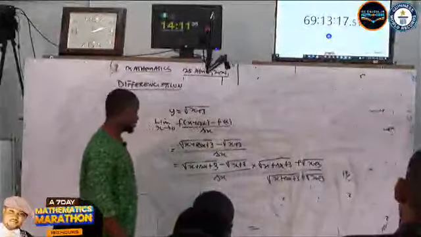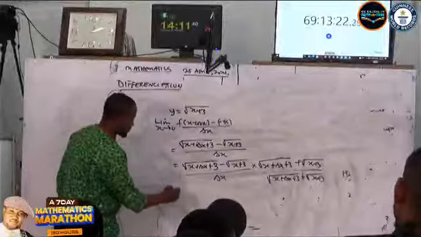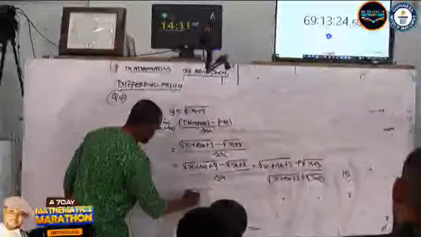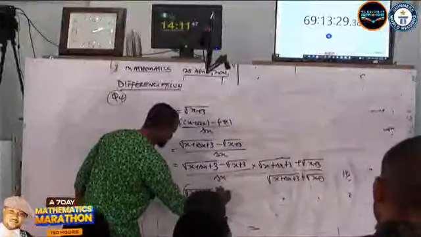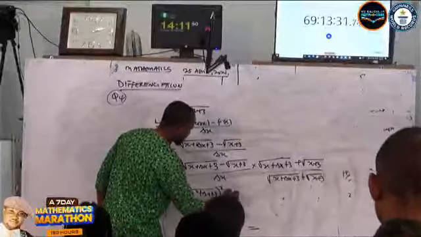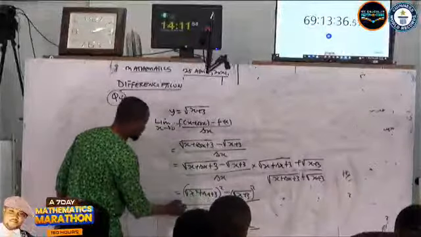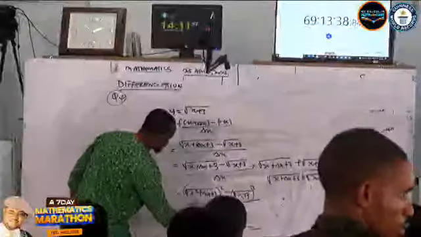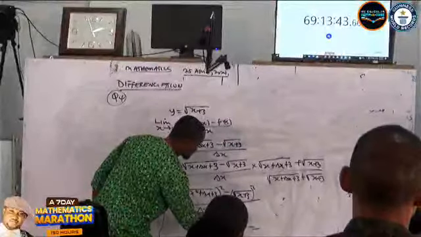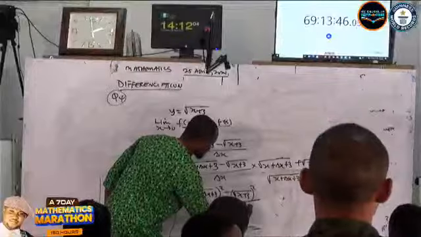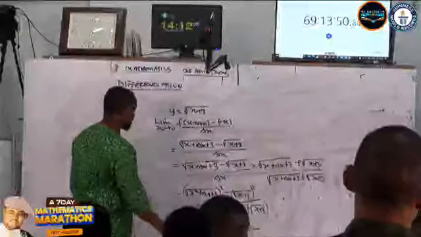Is that clear? So that will be a difference of two squares. So that will equal the root of x plus change in x plus 3 all squared minus the root of x plus 3 all squared, divided by change in x times the root of x plus change in x plus 3 plus the root of x plus 3. So let's cancel this out.